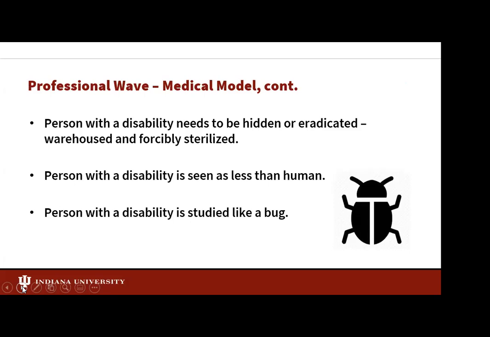They just wanted to hide them away and eradicate them. You can think about a person with a disability studied like a bug too. And I think that these things have gone on all over the world, and it's really important for us to recognize and admit that they happened in our own country.